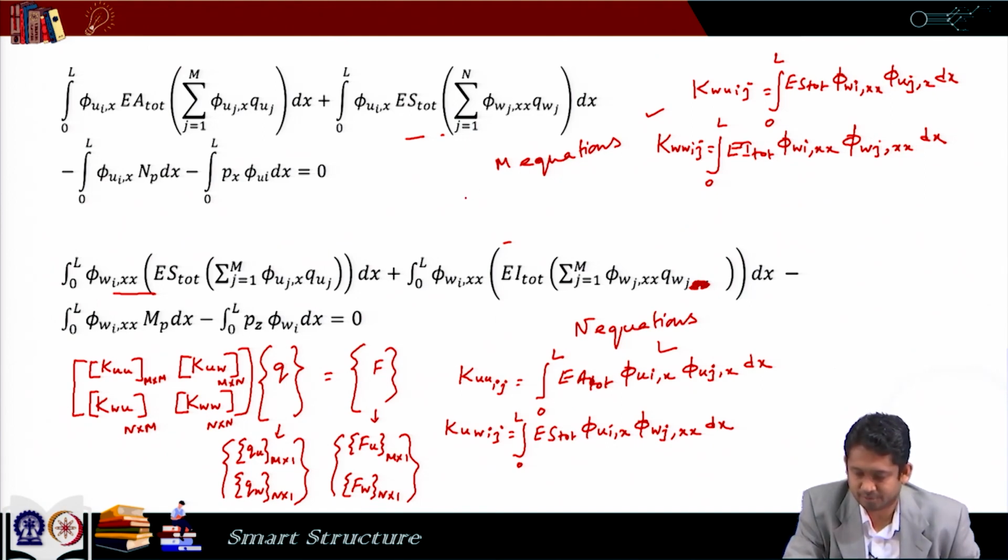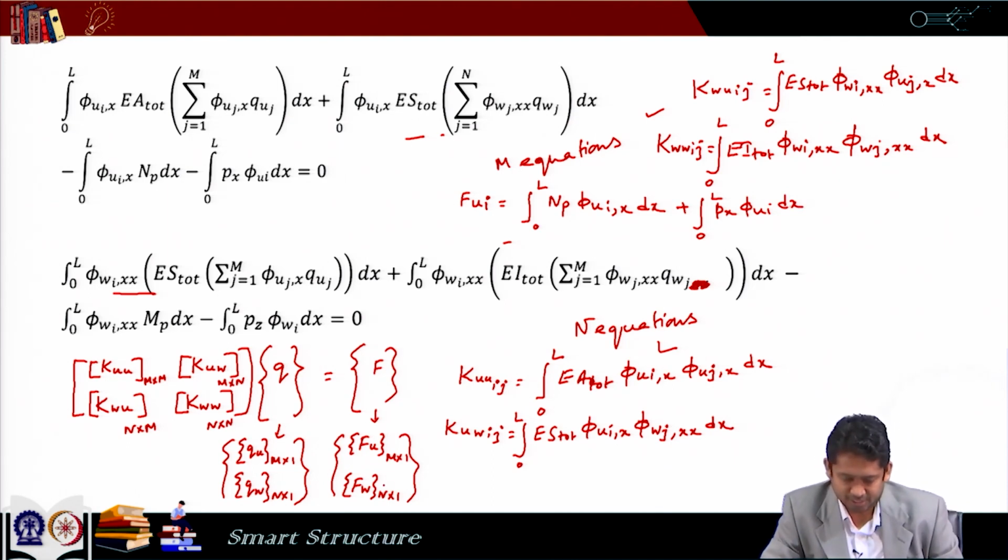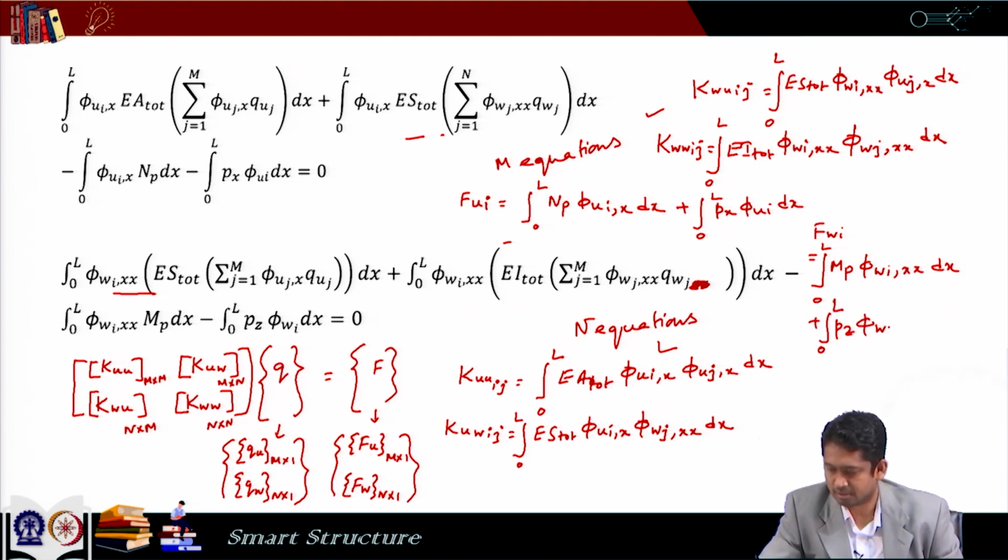So, if we want to write F u I, that is 0 to L n p phi u I comma x dx plus p x phi u I comma dx, and similarly f w I may be written as m p dx plus 0 to L p z comma dx.